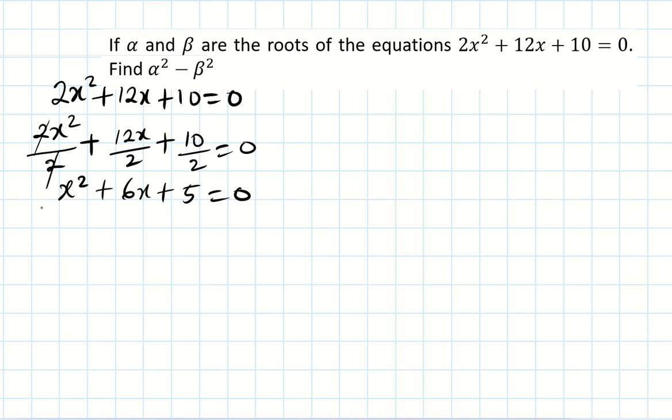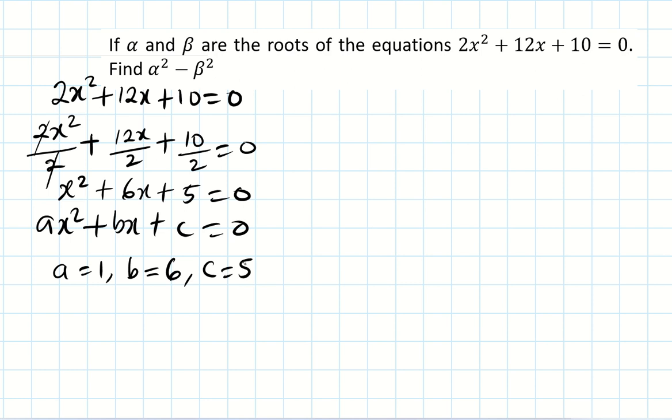Now, comparing this equation with the standard quadratic equation, which is ax squared plus bx plus c is equal to 0, we have that a is 1, b is 6, and c is equal to 5. Now, from the question, alpha and beta are the roots of the equation.